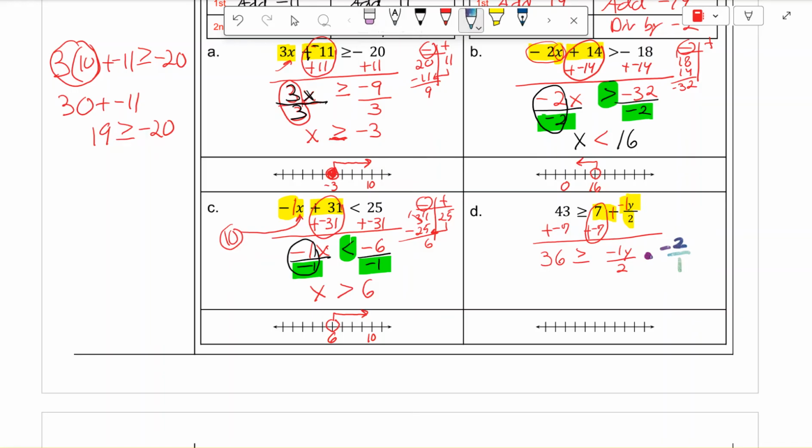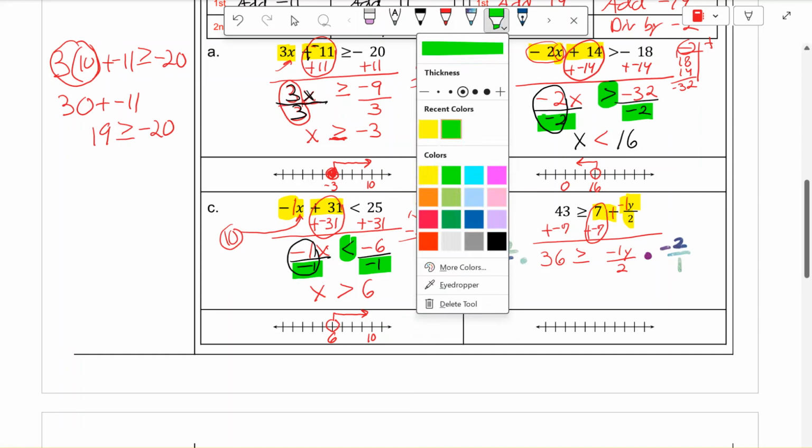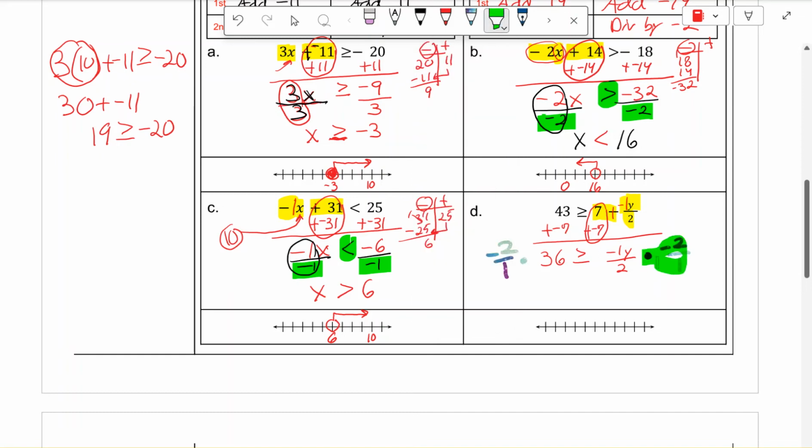Since I'm multiplying by negative 2 over 1, I'm multiplying this side by negative 2 over 1. Something you need to pay attention to here, we are multiplying both sides by a negative, so that means this sign reverses. Okay? Negative 2 times a positive 36 is negative 72.